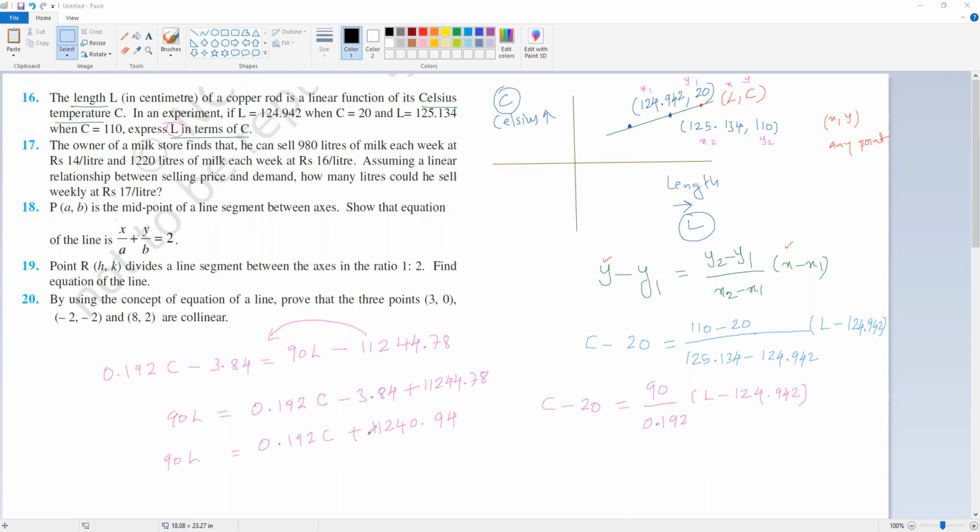Or L is equal to 1 by 90 of the whole thing, 0.192 C plus 11240.94. So yes, you expressed L in terms of C. Okay. So you must have got a general idea now.